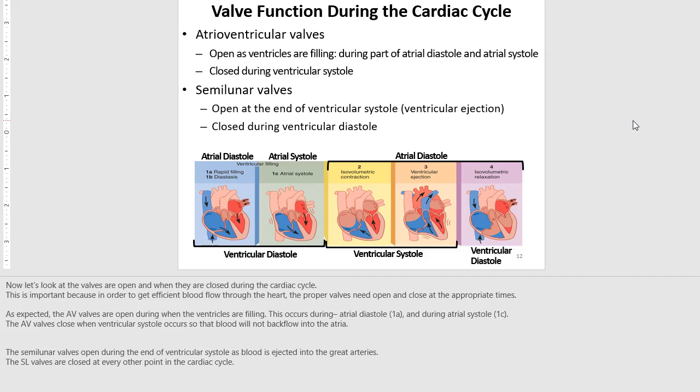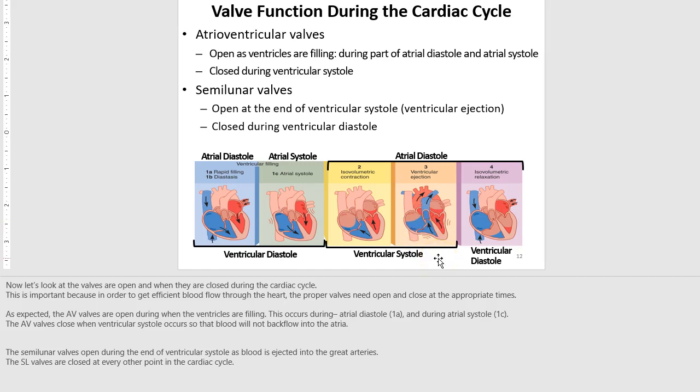This occurs during atrial diastole, shown in 1A, and during atrial systole, shown in 1C here, the green box. Those AV valves close, however, during ventricular systole in these two boxes. And that occurs so that blood will not flow backwards from the ventricle into the atria.